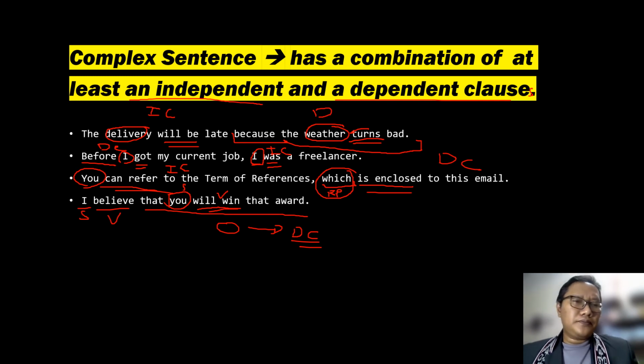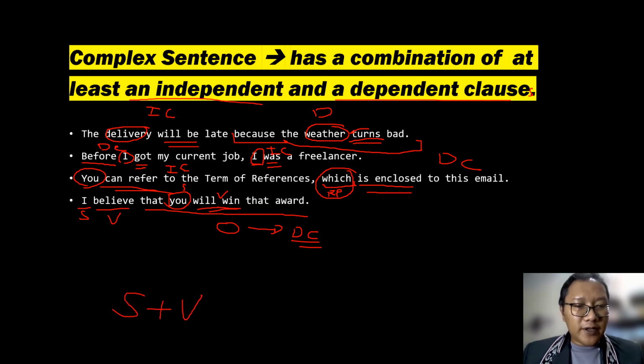Okay, so why learn all these? Remember, in writing, it's very important that what you write is clear. So remember, when you make your sentence, it should have a subject, a verb, and a complete thought.